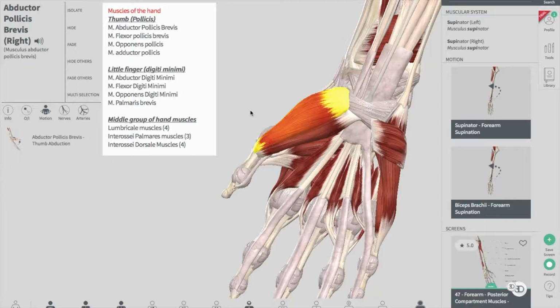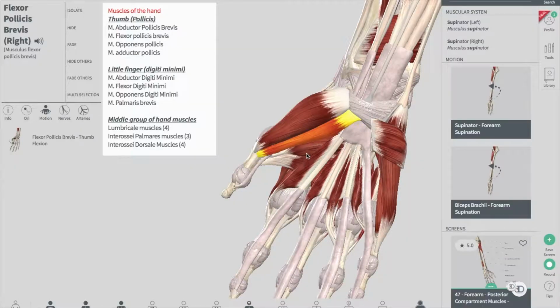And then the next muscle is flexor pollicis brevis. Flexor pollicis brevis is here, and this muscle flexes the thumb. It originates from this tendon right here called retinaculum flexorum. Again, you'll notice that most of the muscles of the hand arise from this tendon.